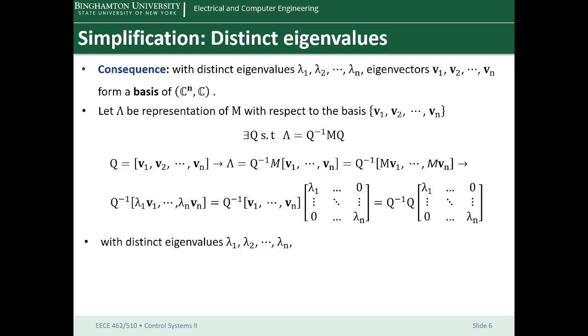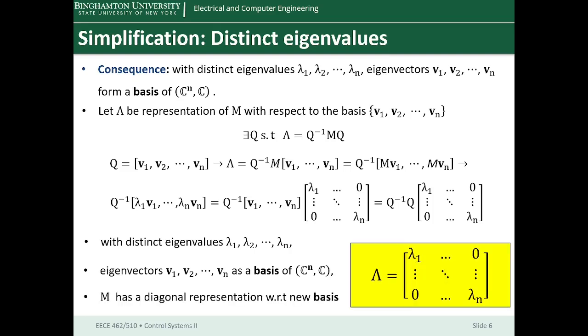Therefore, when all the eigenvalues are distinct and we use the corresponding eigenvectors as a basis of Cn, the matrix M has a diagonal representation with respect to this new basis. This is what we call diagonalization, a representation in which the matrix simply scales each coordinate axis by its eigenvalue.